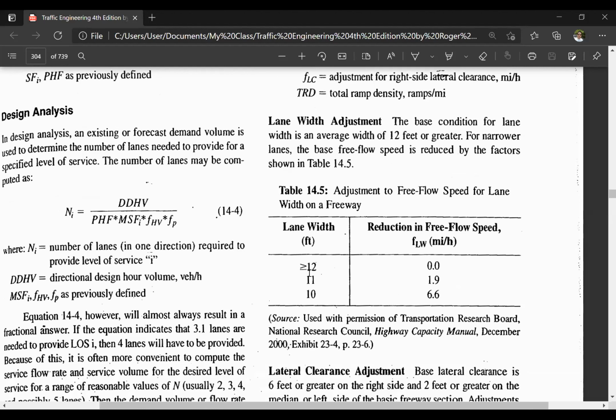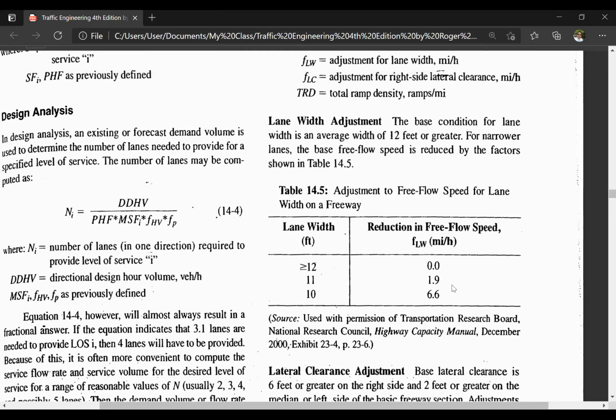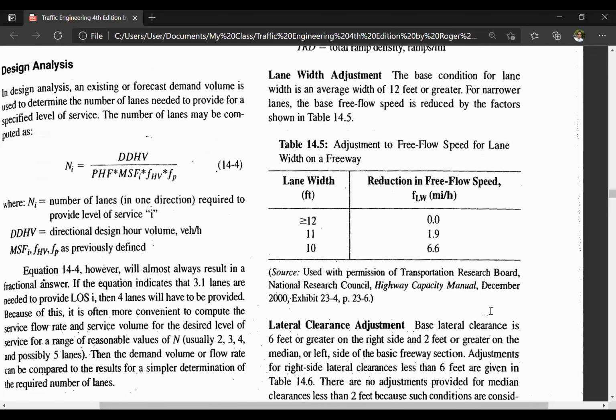If you look at this closely, each foot of reduction impacts the reduction of the speed differently. If it's 12 feet, there's no reduction. An 11-foot lane becomes 1.9 miles per hour lower. But if it's a 10-foot lane, it becomes 6.6 miles per hour lower.